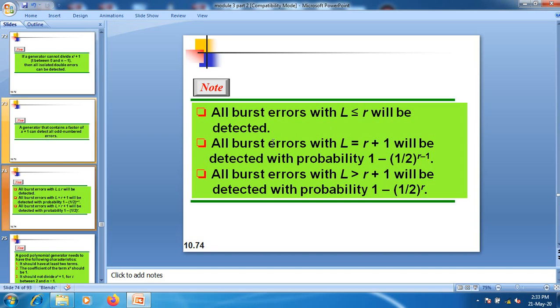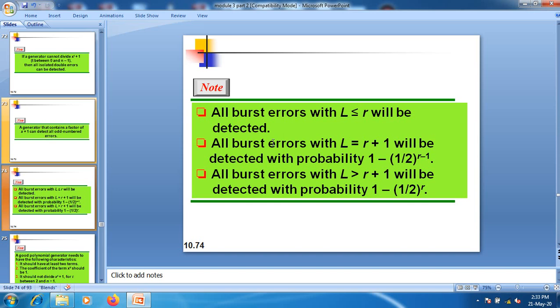The fourth one is how we are going to detect burst errors. A burst error can be defined by the expression e of x equal to x to the power j plus x to the power j plus 1, and so on up to x to the power i.